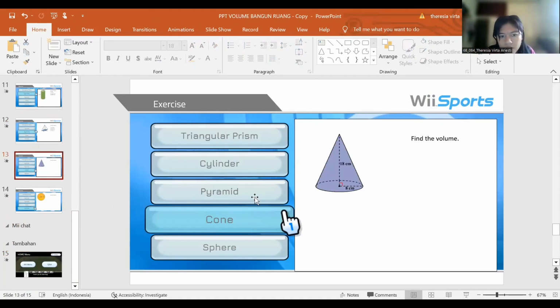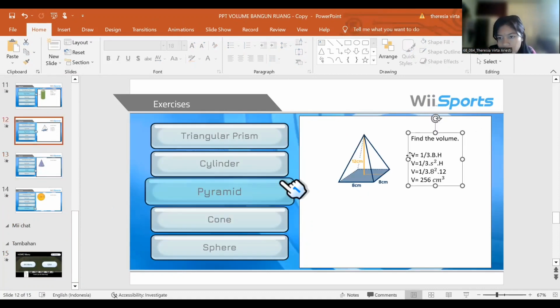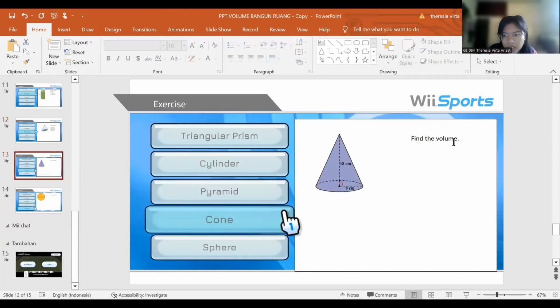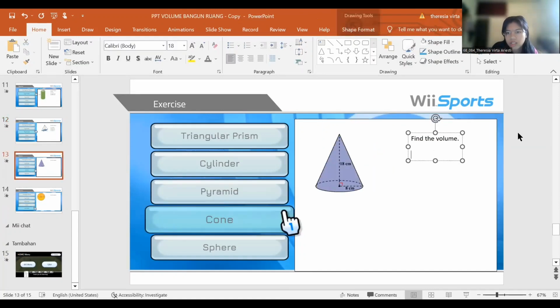And then how about the cone? It's the same. The formula is the same as the pyramid. So it's like the formula of the cone. It's like 1/3 of the cylinder formula.